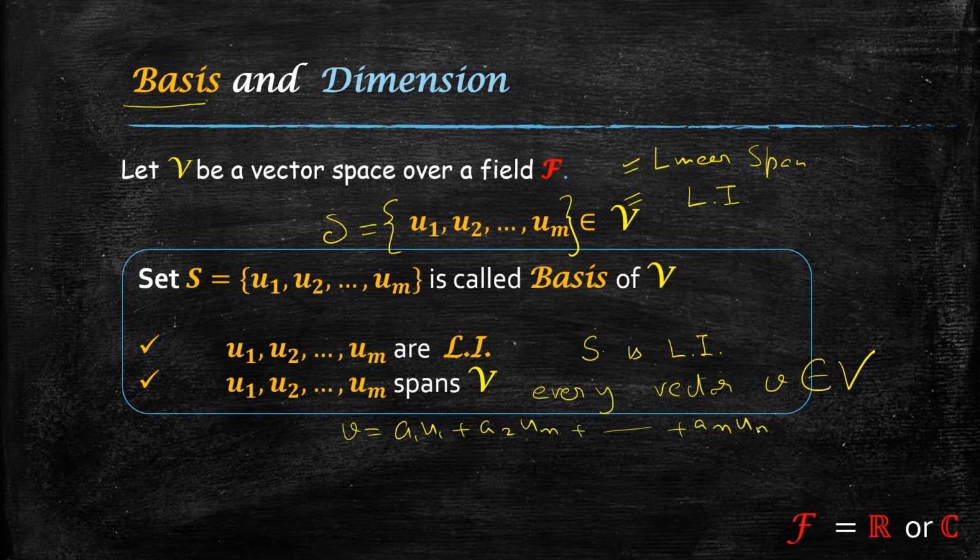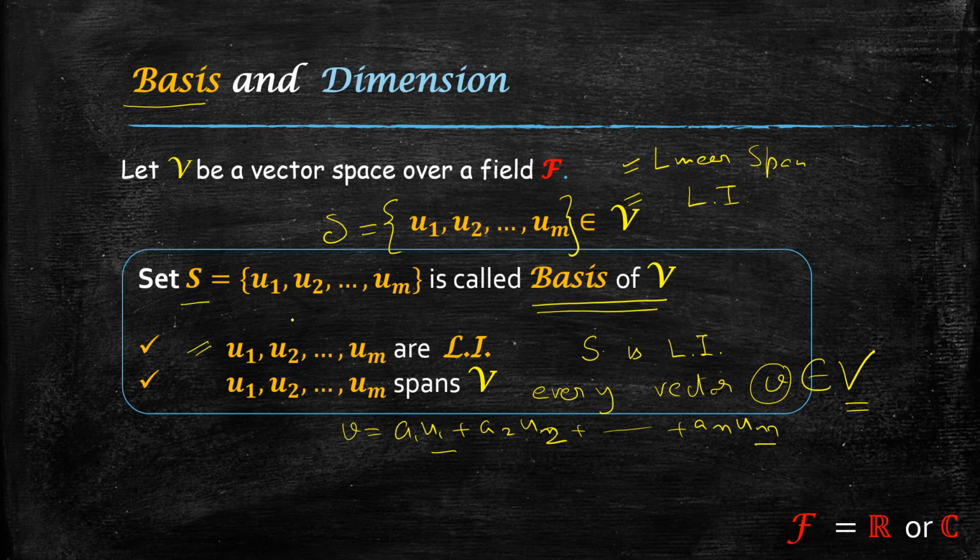For more clarification, you could watch my previous lecture on linear combination of vectors. So, if u1, u2, ..., um are linearly independent and every vector v of vector space V can be written as a linear combination of u1, u2, ..., um, then I will call set S a basis of V.